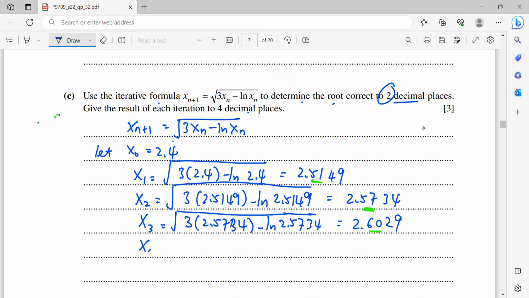So it means that we still need to continue. So now it becomes 3 bracket 2.6029 minus ln of 2.6029. And now it becomes 2.6176.